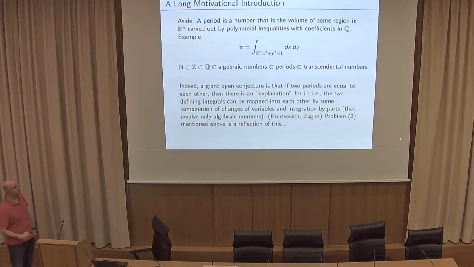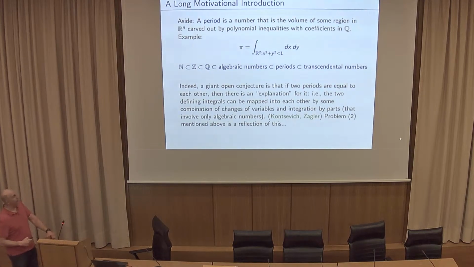And a circle you can describe as a polynomial with integer coefficients. But the number e, for example, is conjectured not to be a period. So there's no volume in any dimension that's described by rational polynomials whose volume involves e.